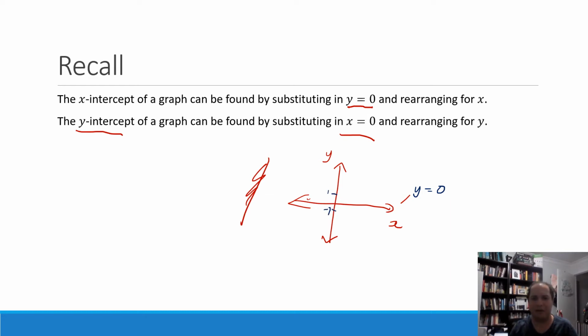And similarly for our y-axis, for our y-intercept, that's got an x value of 0, where we go +1 up to the right and -1 to the left. So that's why we substitute in y equals 0 for our x-intercept, because on our x-axis the y value is 0, and for our y-intercept we substitute in x equals 0 because that's the x value on our y-axis.